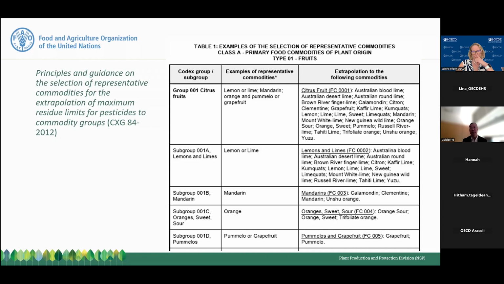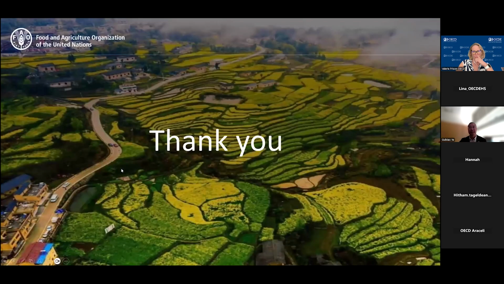But if it's different, then we have to deal with it specifically, case by case. So just a reminder, it's very important to harmonize the national group system to the Codex one. I think that's all the information I want to share with you. So thank you for your interest.